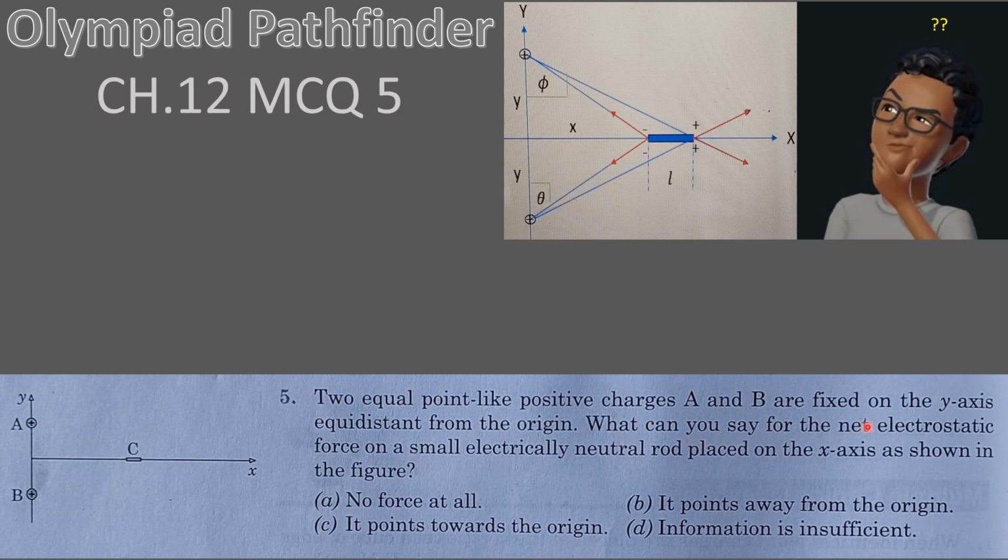What can you say for the net electrostatic force on a small electrically neutral rod placed on the x-axis as shown in the figure? There are four choices. We have to solve and select the correct choice. Let us solve.